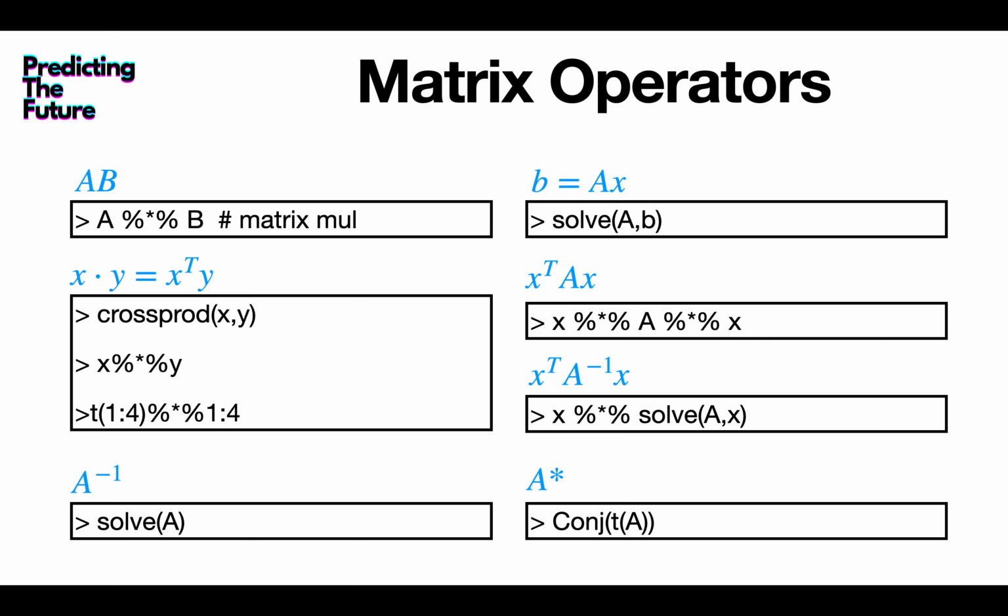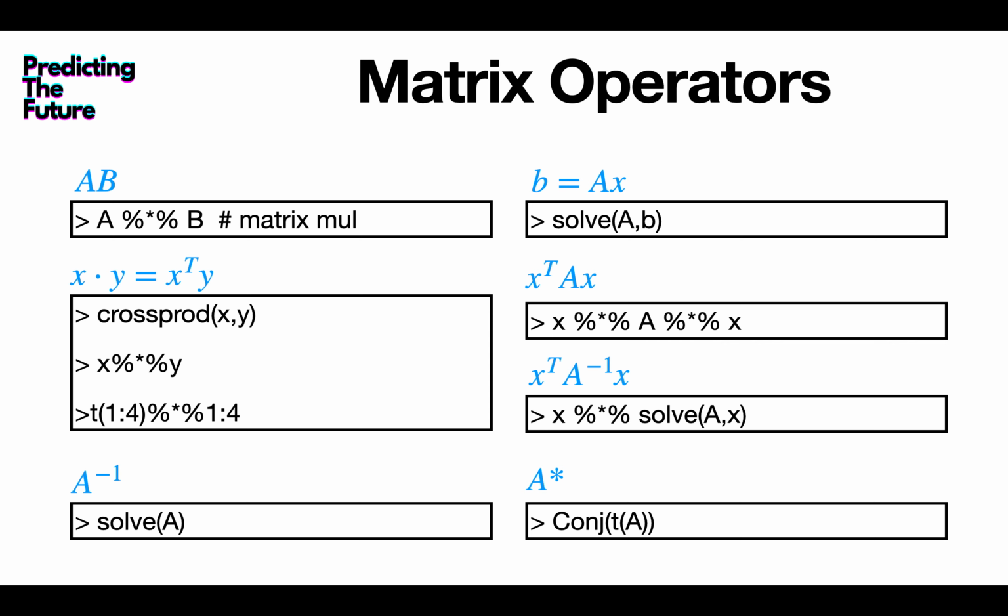So we are transposing 1, 3, 4, 5, that becomes a row vector, and then times another vector, 1, 2, 3, 4, but it's a column. When we do that, that's the dot product. The second way of doing that is just x and y, exactly the same as without using transpose on the first vector.